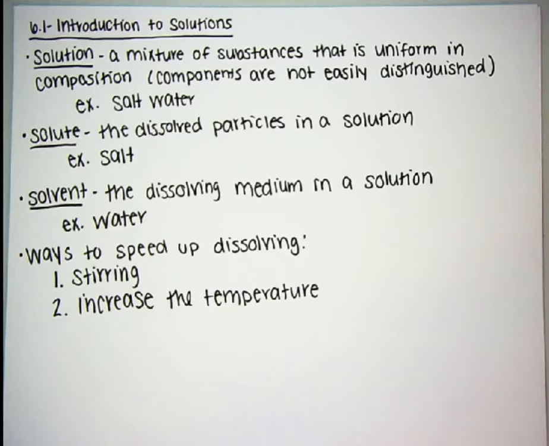But if you put sugar in the hot coffee, it's going to dissolve much quicker. That's why places like Starbucks use a liquid sugar in their iced coffees. What actually happens is the hotter temperature of the solvent speeds up the movement of particles. Temperature is a measure of kinetic energy. Kinetic energy is the energy of motion. So if molecules are moving faster, it's going to cause them to dissolve quicker.